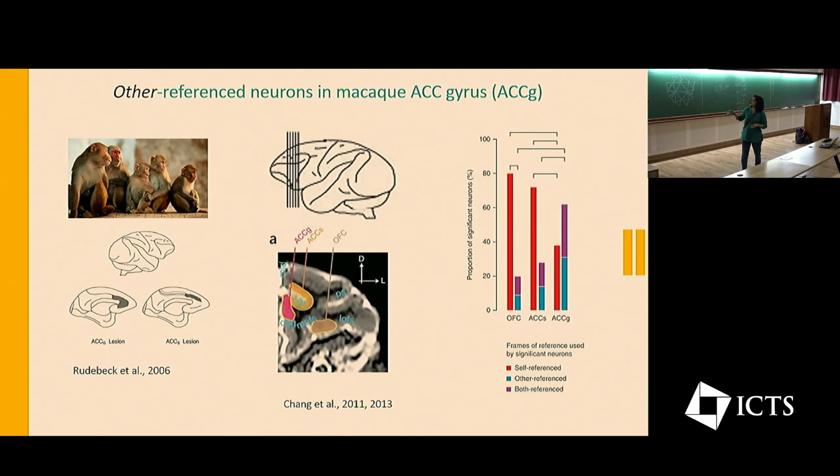This was the distribution across these 3 regions. OFC is orbitofrontal cortex, which has a maximum proportion of self-referenced neurons, whereas between ACC sulcus and ACC gyrus, the ACC gyrus had a greater proportion of other-sensitive neurons. So that is the big takeaway out of it.